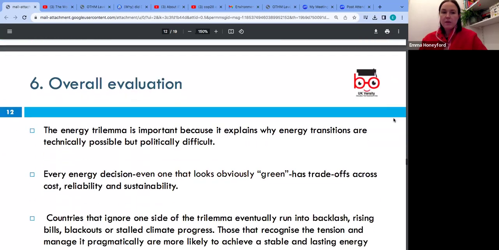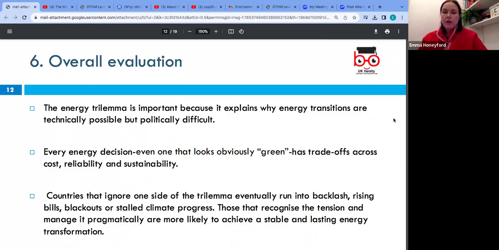So an overall evaluation: the energy trilemma is a really good way to understand and explains why energy transitions are technically possible but politically difficult, and not only because of politics but also because of technology and financial instruments. Every energy decision looks obviously green but does have trade-offs across cost, reliability and sustainability.